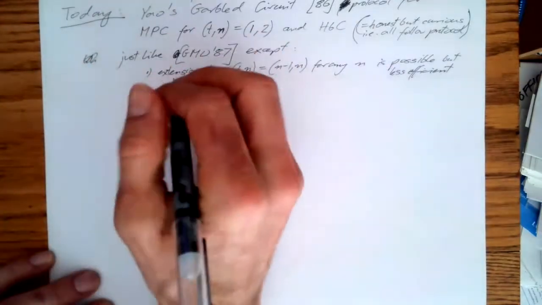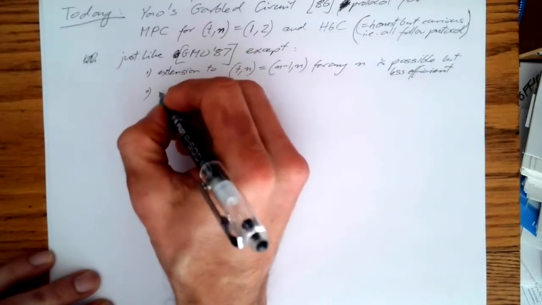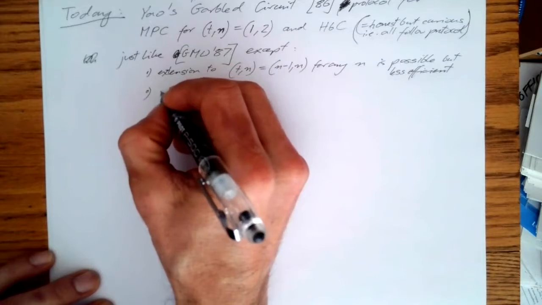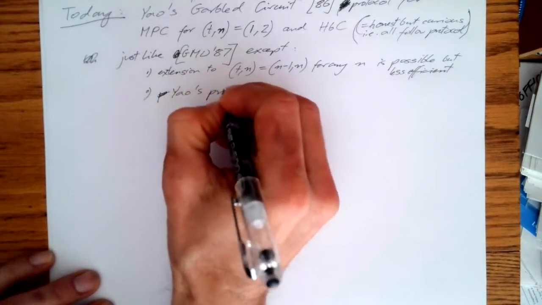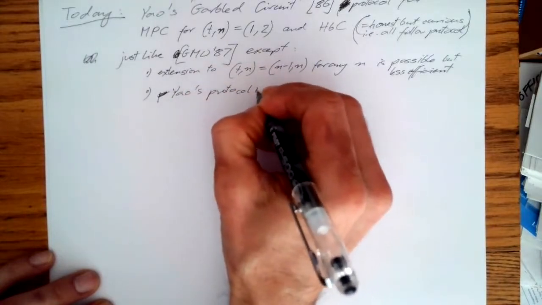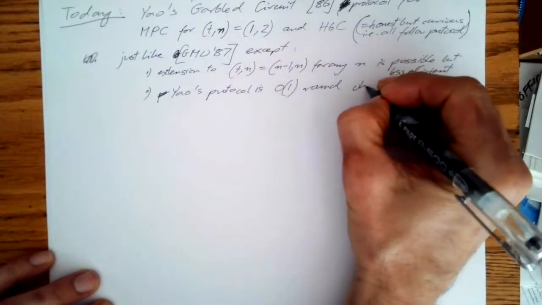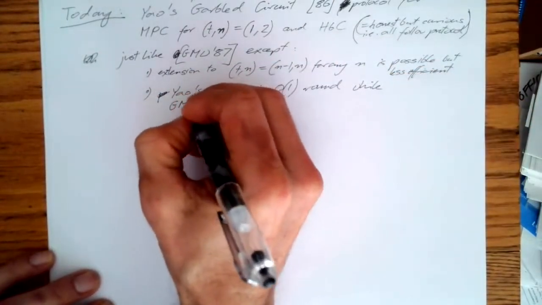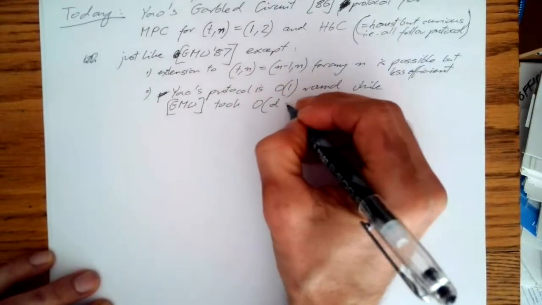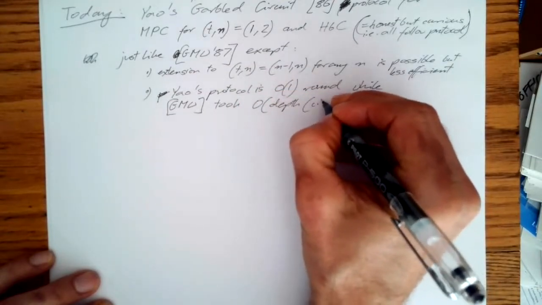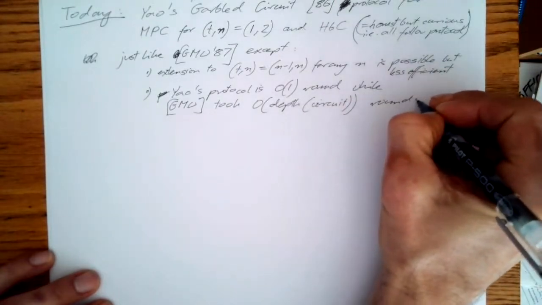And okay, the protocol, and this is the big advantage, Yao's protocol is constant round, while the GMW took order of depth of the circuit rounds, right?